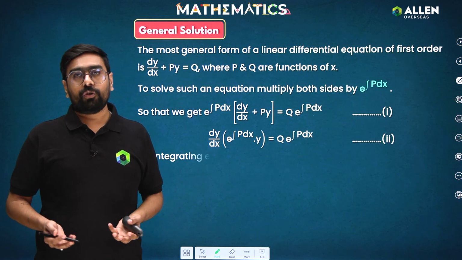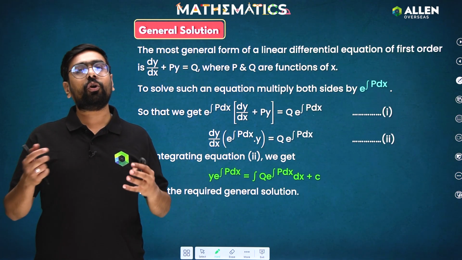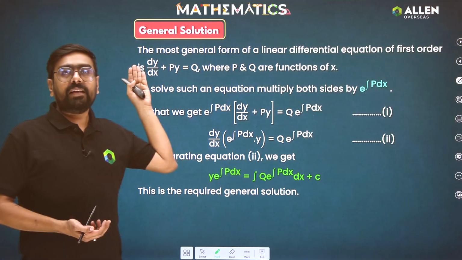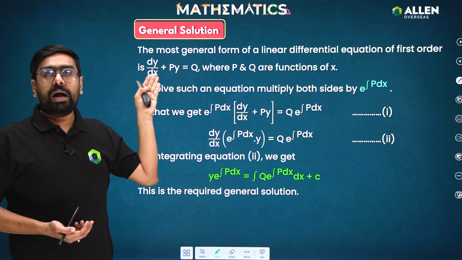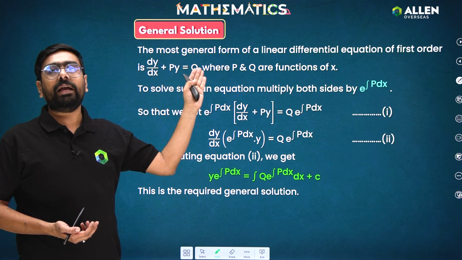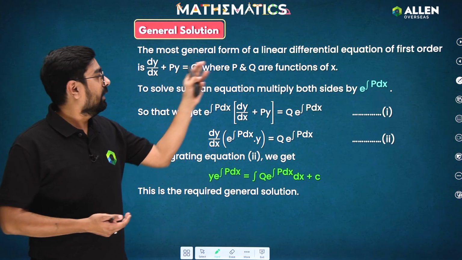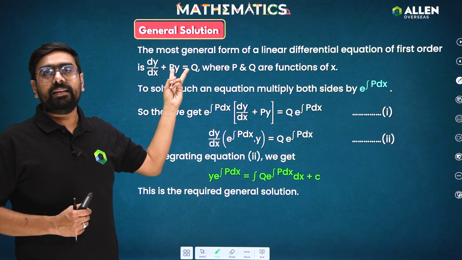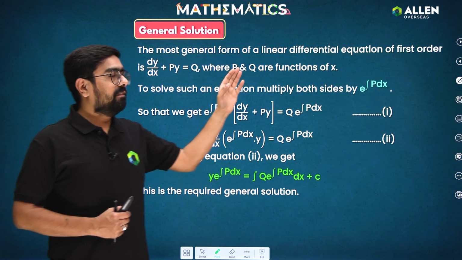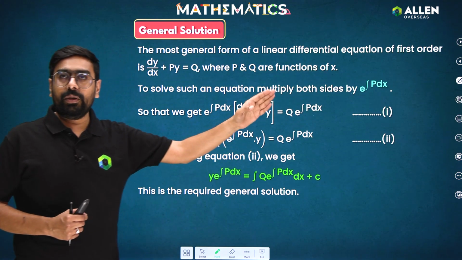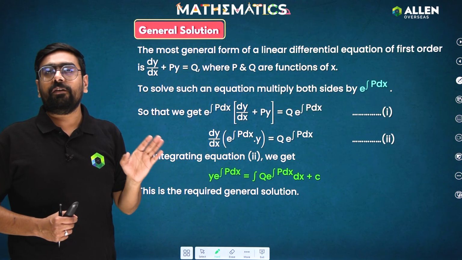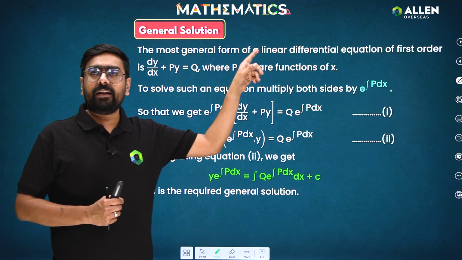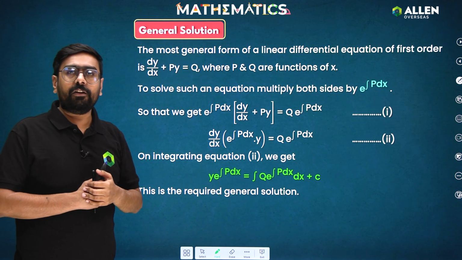What is the general solution? If we have an equation, we should also know what will be the general solution of a linear differential equation. Let's say our linear differential equation is in y: dy by dx plus p of x into y is equal to q of x. To find the solution, we multiply both the sides with e to the power of integral of p dx.